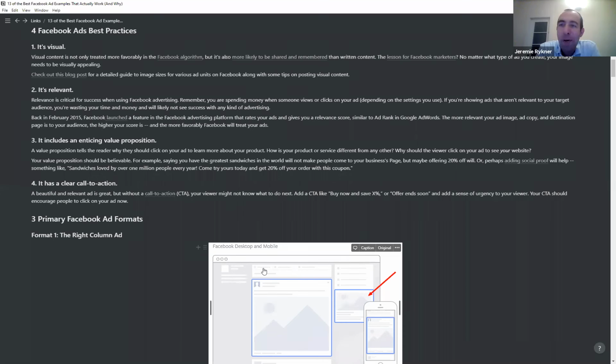Now, of course, number two, it has to be relevant. We talked about it, that it's very hard to target everyone with the same message. So what's relevant for one audience might not be as relevant for another audience, and that is normal, and it should be expected.